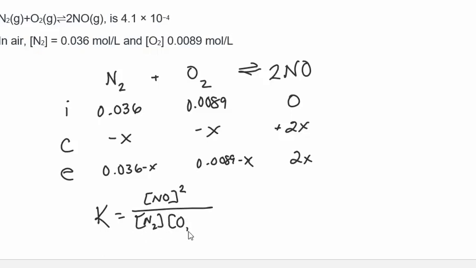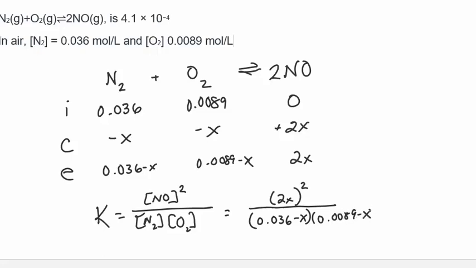So I'm going to fill in what I know, and what I know is what I figured out here. So I have my 2X squared and these values. And that is going to be equal to the value that was given, 4.1 times 10 to the negative 4.